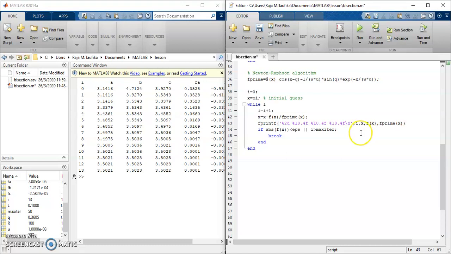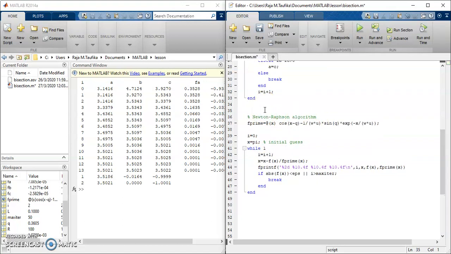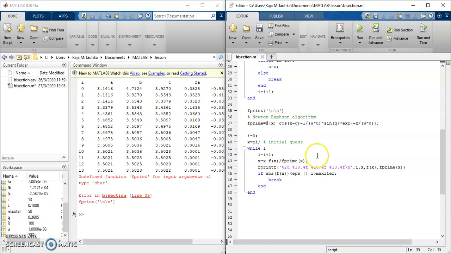Alright, so let's check the results on the command window. Maybe we need to put some enter to separate the results from the bisection and the Newton-Raphson. So double enter perhaps, and then rerun the scripts.